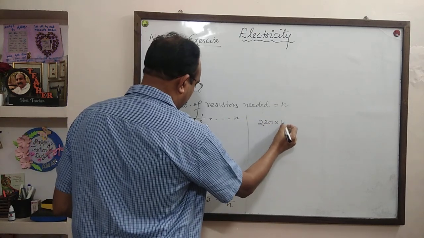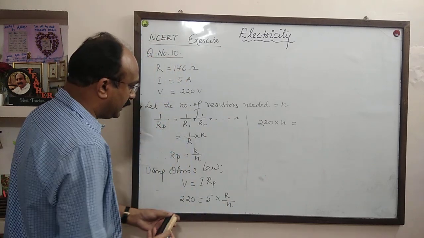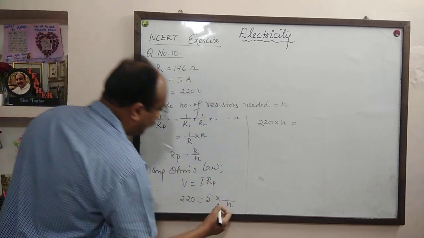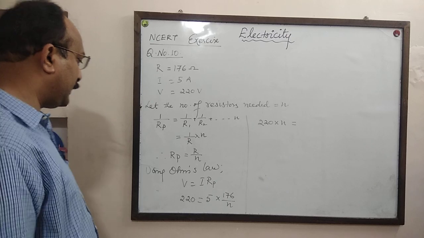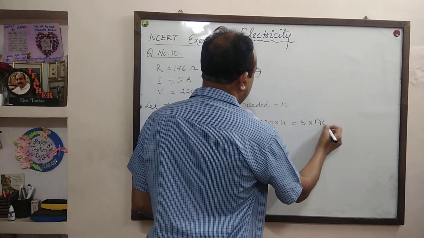220 into N. So now what is the value of R? R is also given. This R is 176. So it is 176 upon N. 220 into N is equal to 5 into 176.